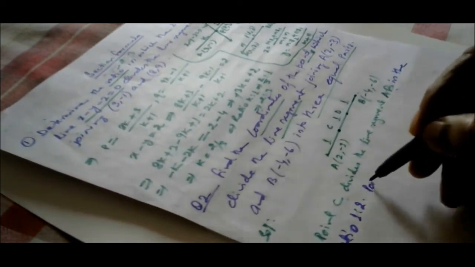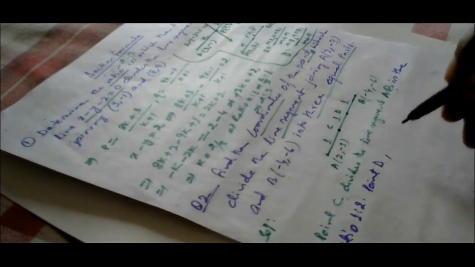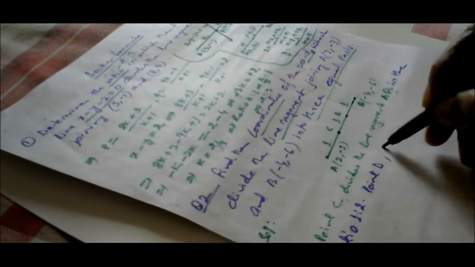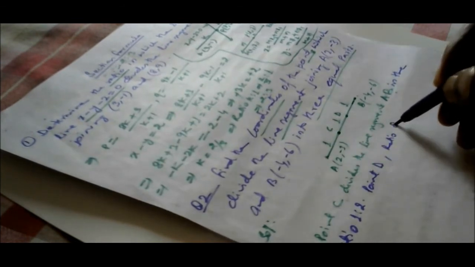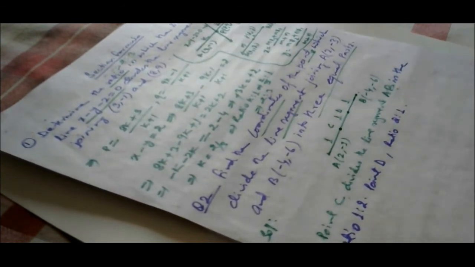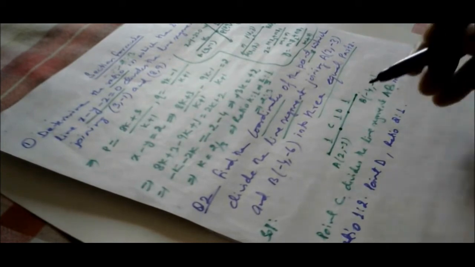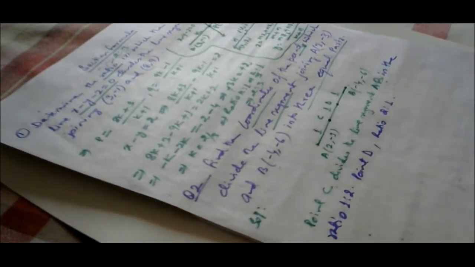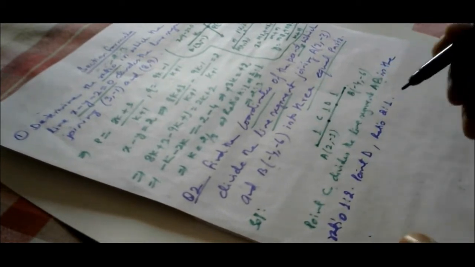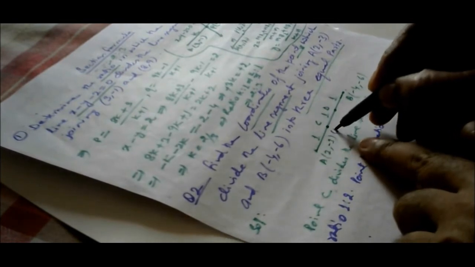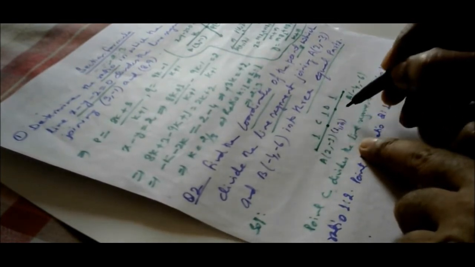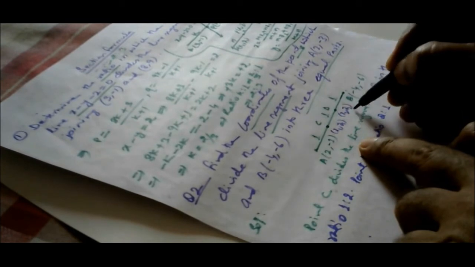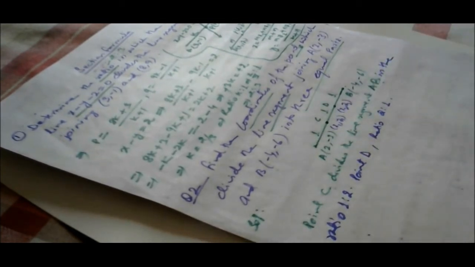Similarly, point D divides the line segment AB in the ratio 2 is to 1. Now we can find out the coordinates of point C and point D. Let the coordinate of point C be x1, y1, and the coordinate of D be x2, y2. So let us first find out the coordinate of C.